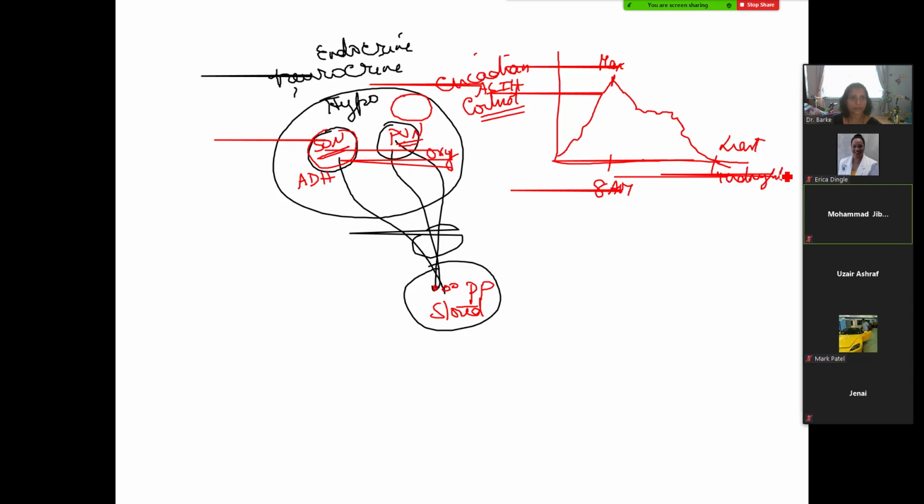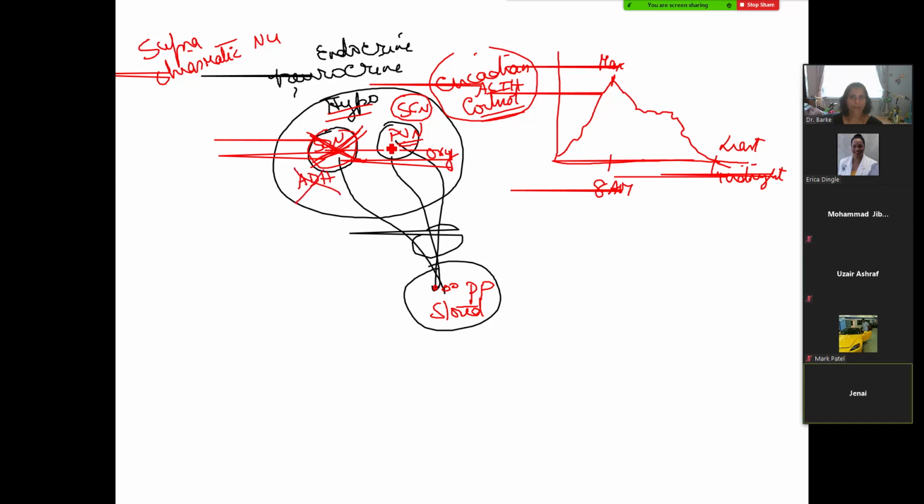Which was the center in the hypothalamus which regulates this circadian rhythm? Suprachiasmatic nucleus. Good. Then they give you questions like, there's a researcher who's destroying the supraoptic nucleus. If supraoptic is damaged, which hormone is affected?